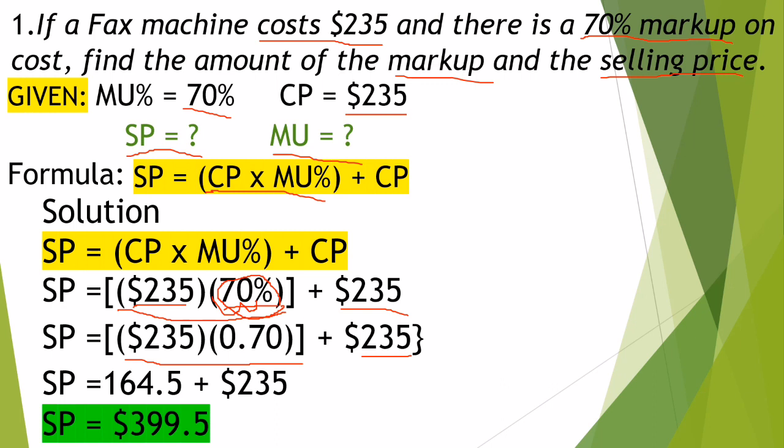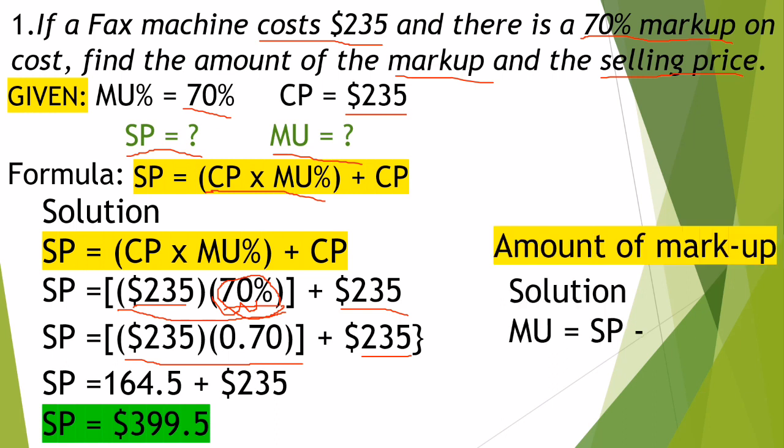Next, so we have now our SP. Now we're going to find our markup. So amount of markup for our solution, first we're going to write our formula in getting markup. Since we already have selling price and CP or cost price is given, we can compute now using this formula. MU is equal to SP minus CP.